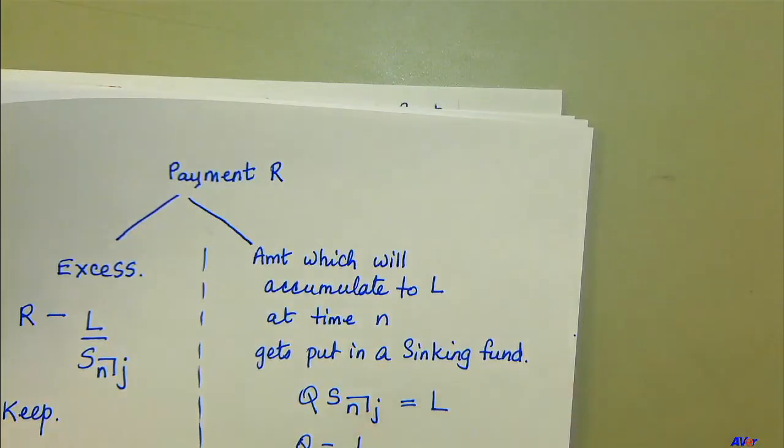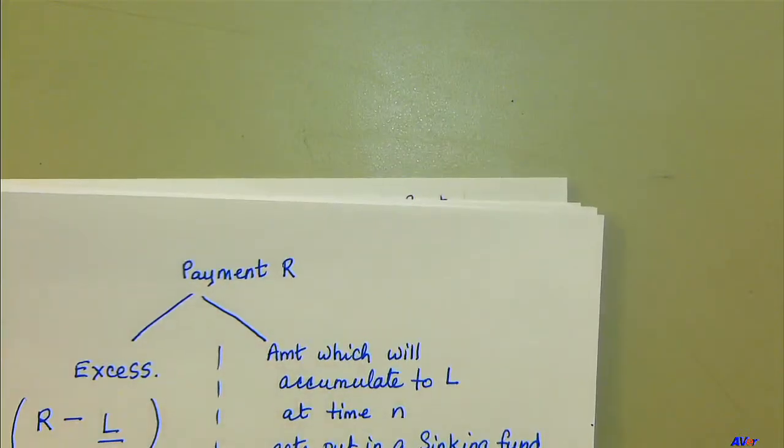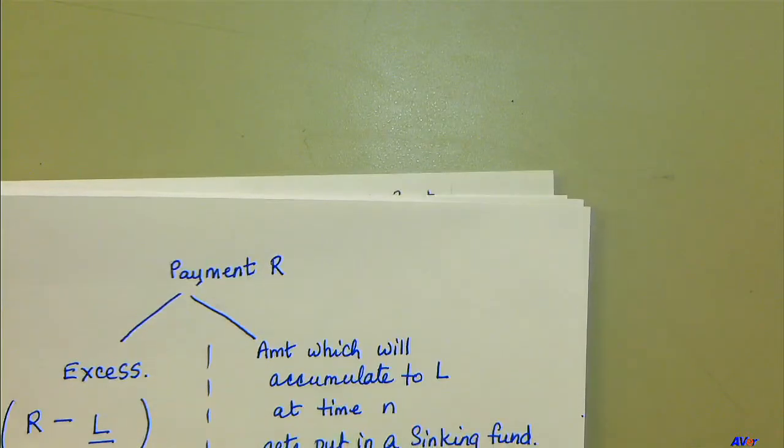The bank can't touch that, because that piece is required to accumulate back to the loan amount. But the bank can touch the rest. It gets to keep R minus L over s angle NJ. That's profit for the bank, because that piece is not required to accumulate back to the loan amount, right?